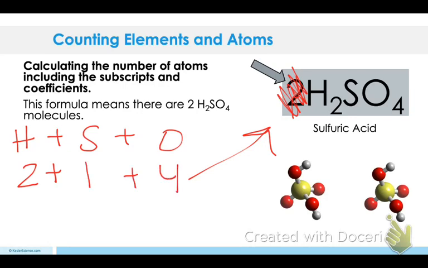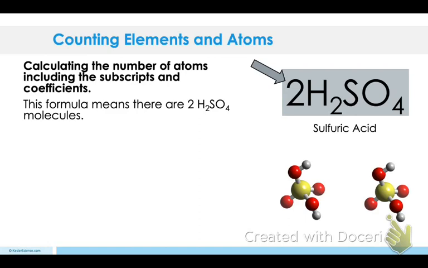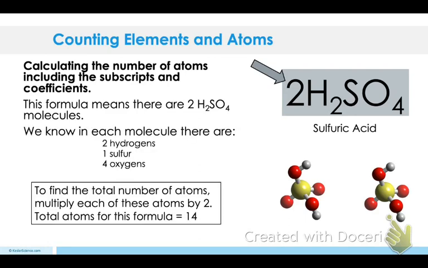So my total is 2 plus 1, 3, 3 plus 4, 7. Now I'm going to bring back that 2 and multiply the whole thing by 2. So now I have my 7 total. 2 times 7 is 14. Alright, so there's 2 ways that you can solve for your formula when you're figuring out the number of atoms and there's a coefficient involved. Go ahead and pause here if you're still writing that information down.